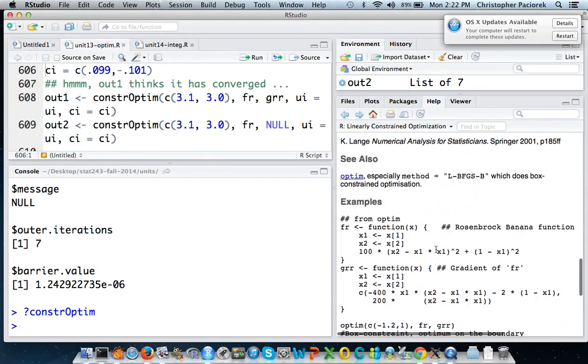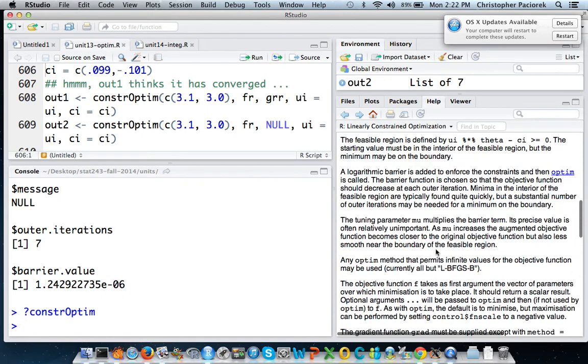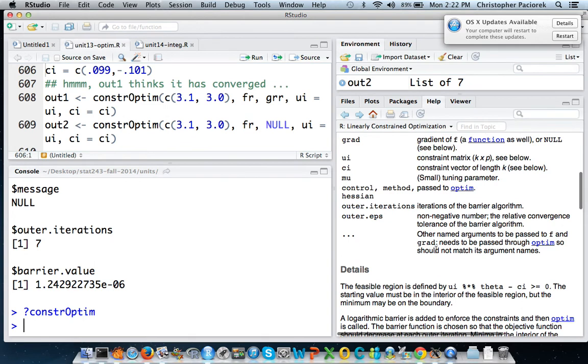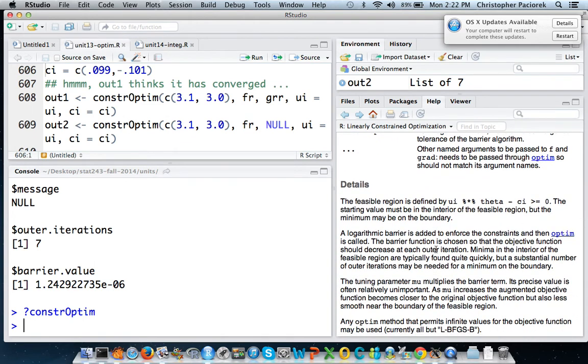Actually, it doesn't seem to say here what 0 means. However, since it's just passing stuff on through to optim, that's probably a pretty good indication that the 0 means it thinks it's converged, even though in this case it actually hasn't converged.